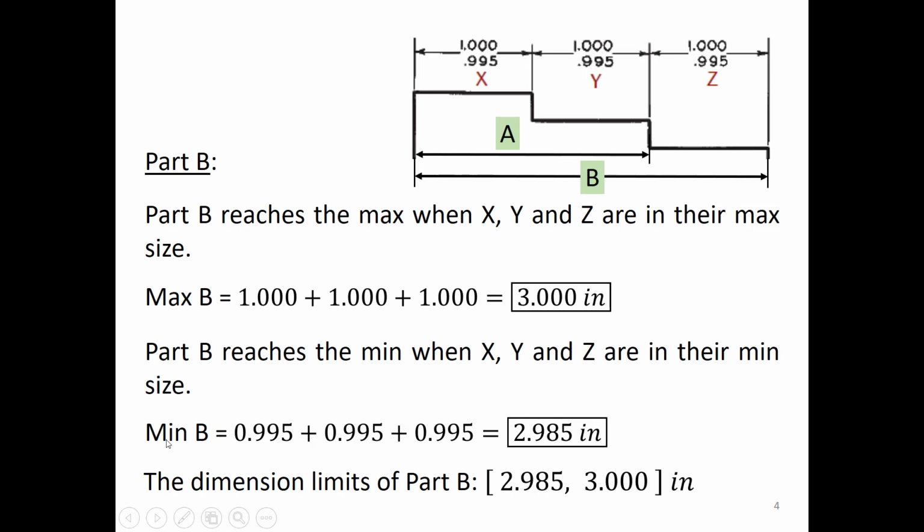So the minimum size of B is going to be the minimum x plus the minimum y plus the minimum z. So the answer is going to be 2.985 inch. And this is the maximum and the minimum size of B. And the dimension limits of B is going to be from 2.985 up to 3 inches.